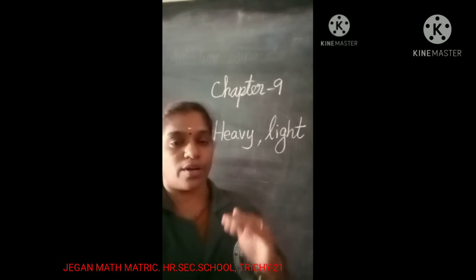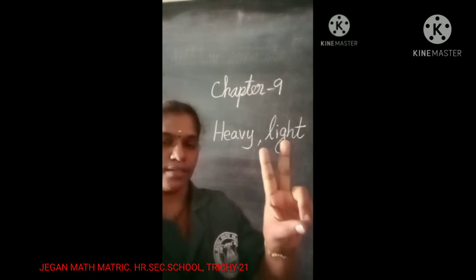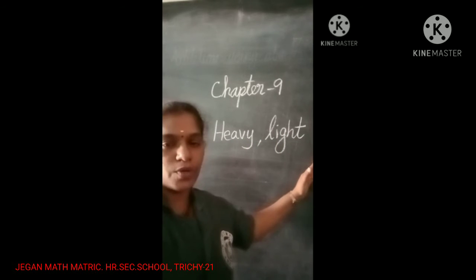Objects based on their weight can be divided into 2 types, that is heavy and light.